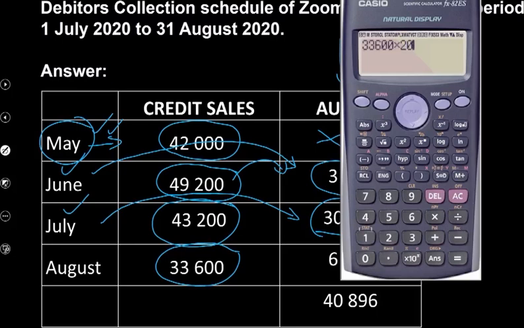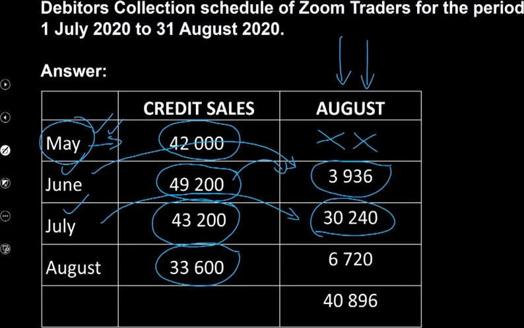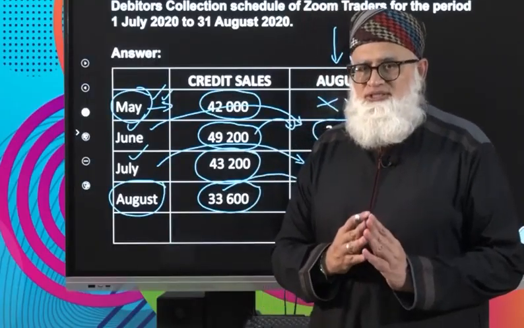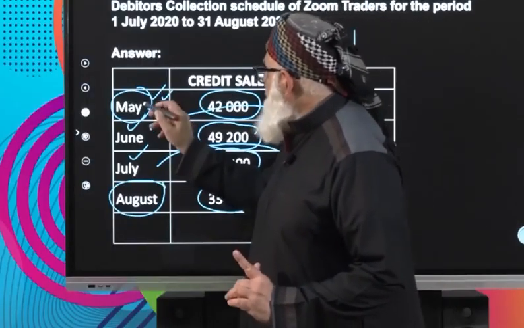Looking at my calculation, 6,720. And here we go, August, it will impact in August, and the amount is 6,720.